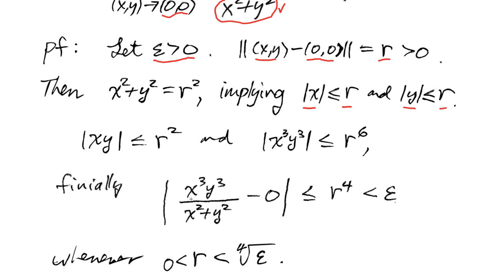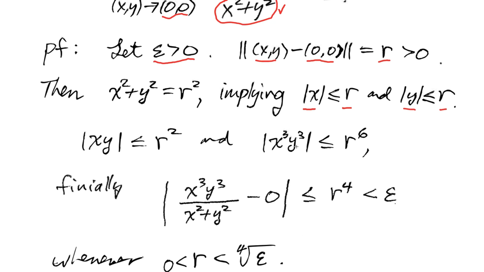Now let's finally consider the absolute difference between the function and 0. So this is f(x,y) minus what I'm claiming is L. Well, you can get rid of subtracting 0 in your mind here. The absolute value of a quotient is the quotient of absolute values. X squared plus y squared is r squared from definition.